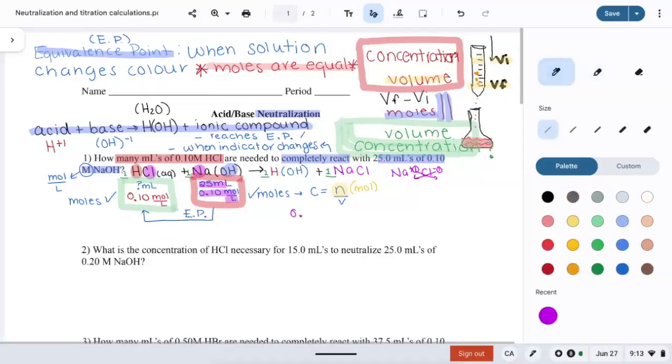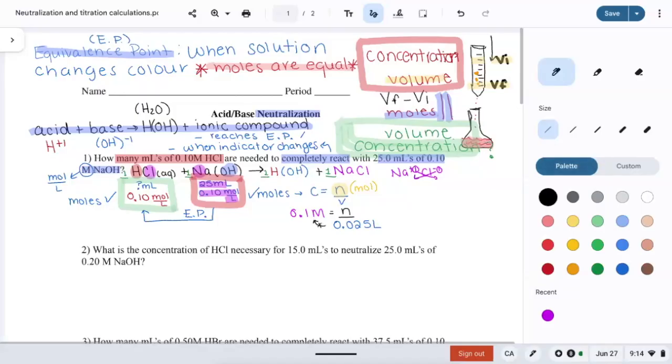So C is 0.1 moles per liter, or capital M. We're looking for N, and V has to be in liters. So 0.025. To get N, we do opposite operations.